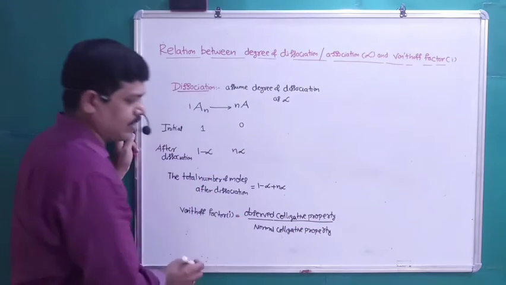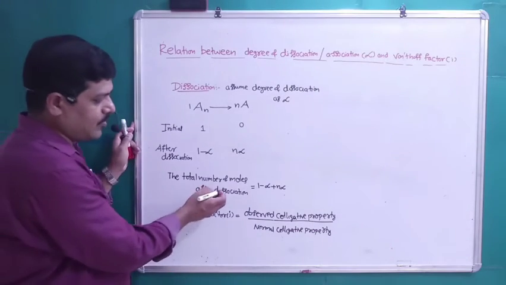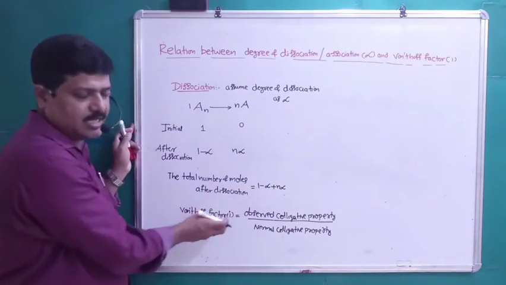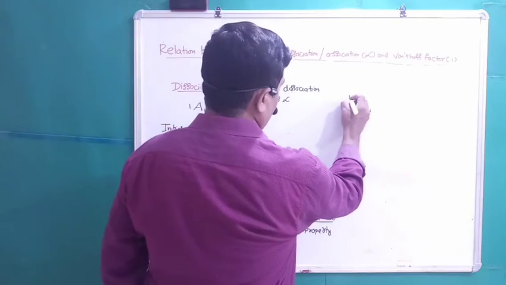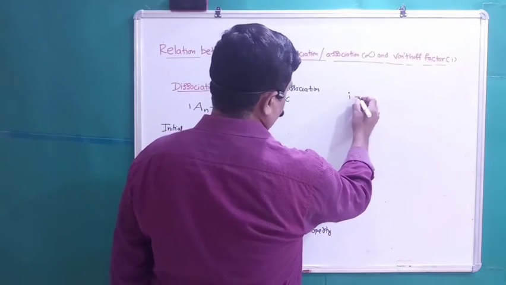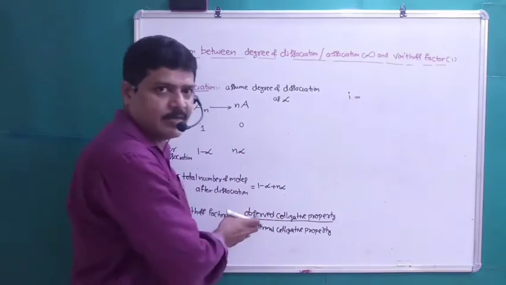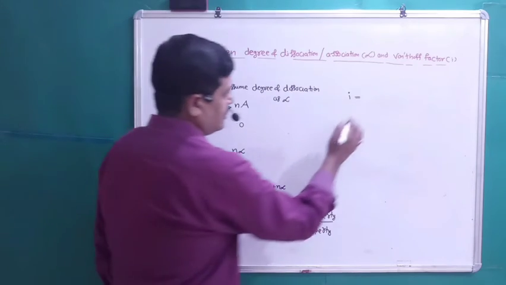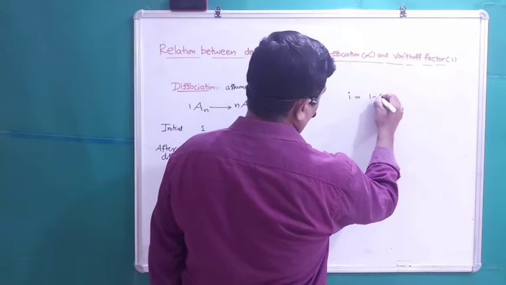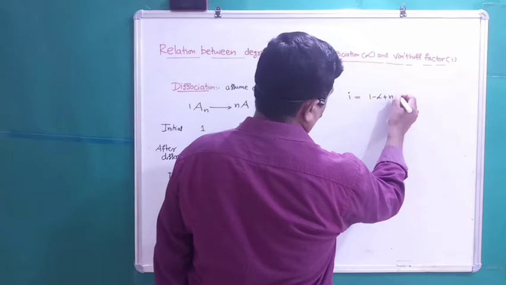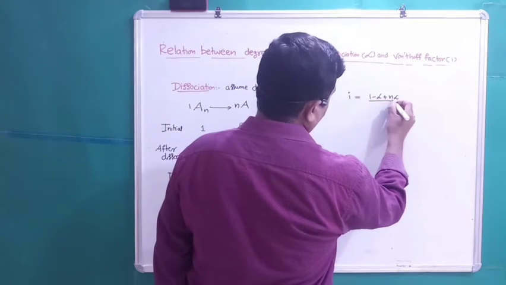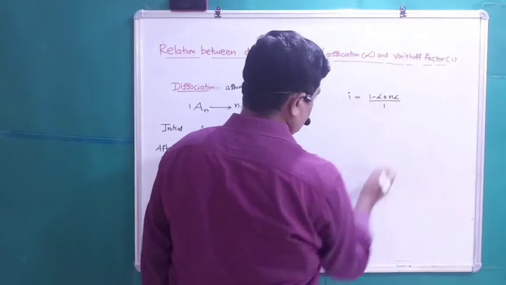Observed colligative property is the number of moles after dissociation. So we can write van't Hoff factor i is equal to the number of moles after dissociation, 1 minus alpha plus n alpha, divided by the number of moles before dissociation, which is 1.